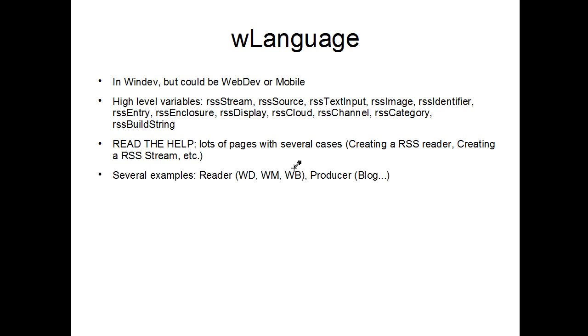Now, there are also several examples coming directly with your tools. There are examples of RSS readers in WinDev, WinDev Mobile, and WebDev, so you can see how to use them in any environment. There is also an example of a stream producer, in the blog example in WebDev.